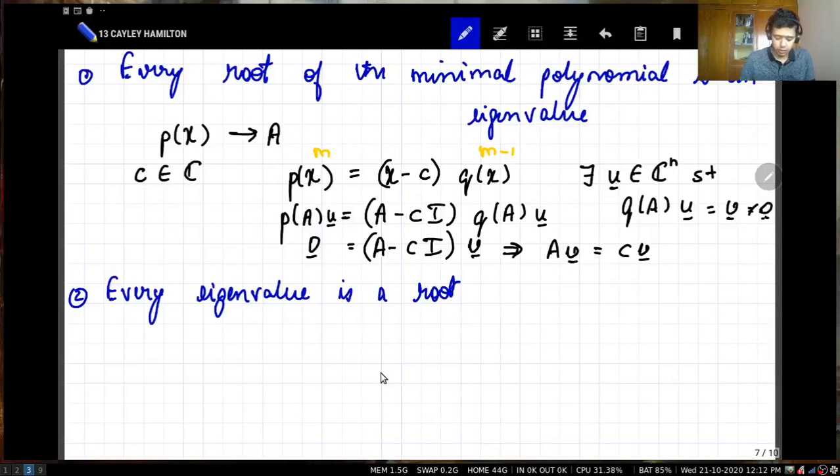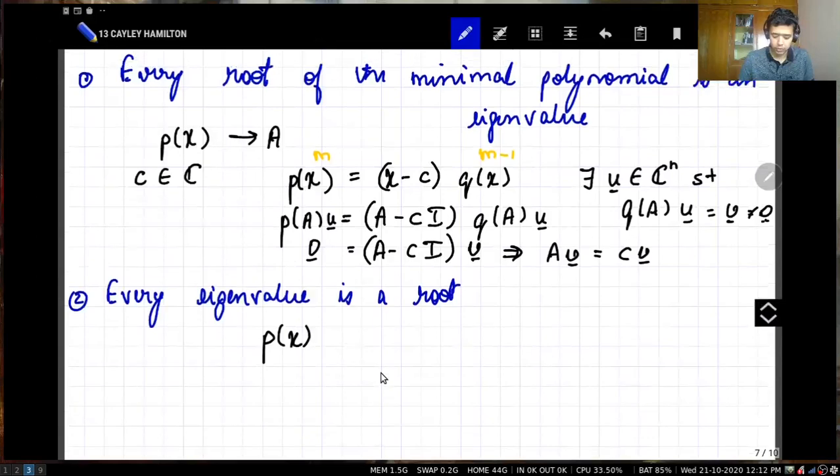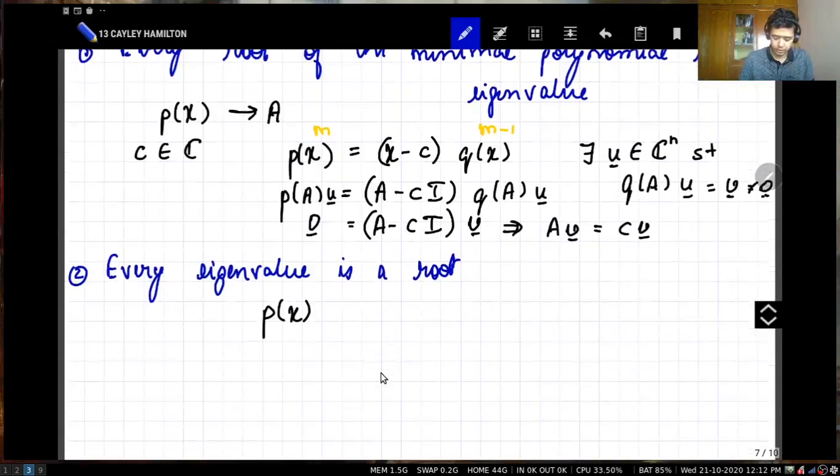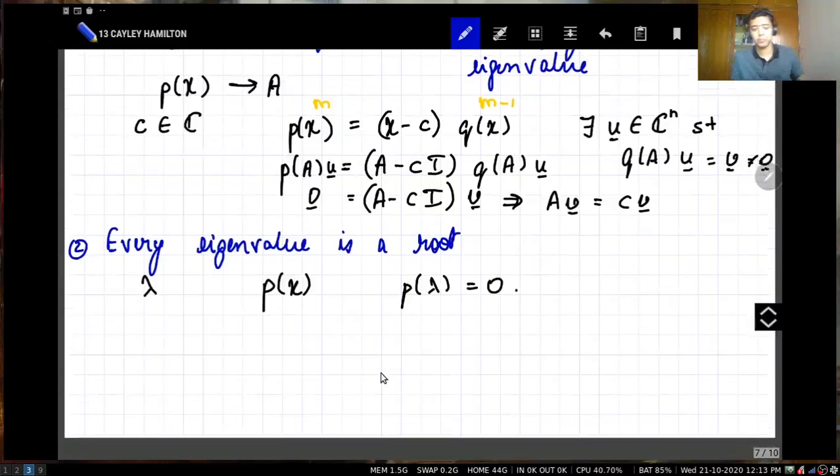So let's suppose that P of x is the minimal polynomial of A. What we want to show is that if lambda is an eigenvalue of A, then we must show that P of lambda equals 0.